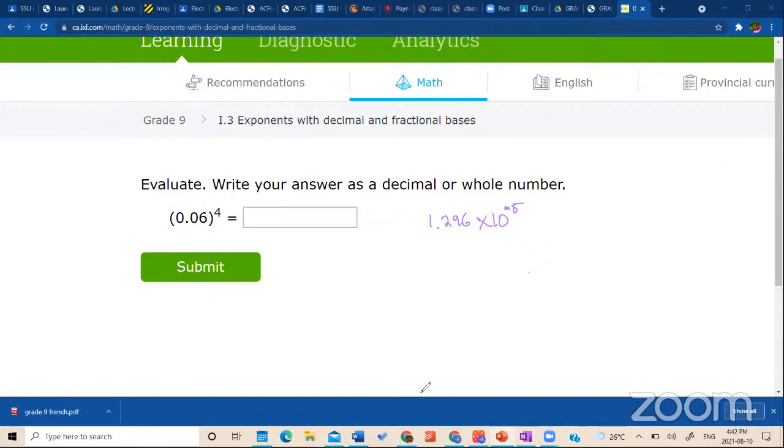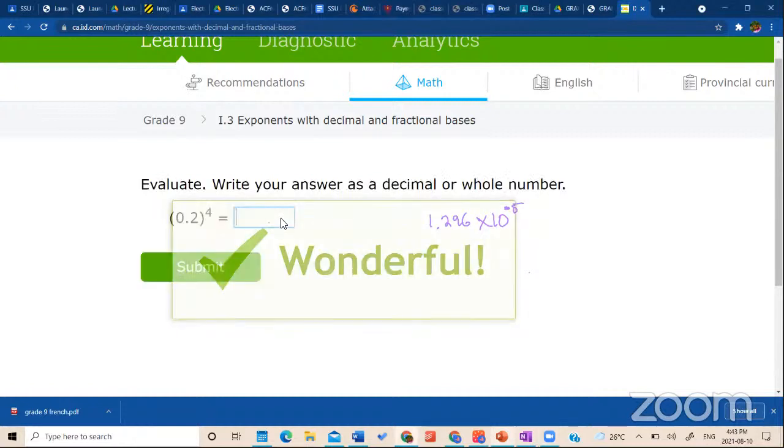Why don't you put it in the chat, so I get the right number of zeros. Okay, so you put it well. Let me copy and paste your answer and see if you're right. Very good, mashallah.